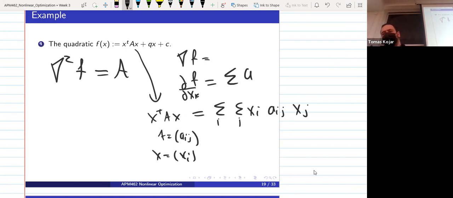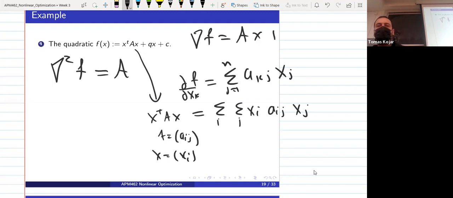So the sum of A_kj x_j, j from 1 to n. All right. So if you compute the gradient, you get Ax plus q. And if you do it again, you're left with only this. All right. I want to go slow, so I'll stop here. Transpose. Wow, that's hard. Yes. Okay, good.